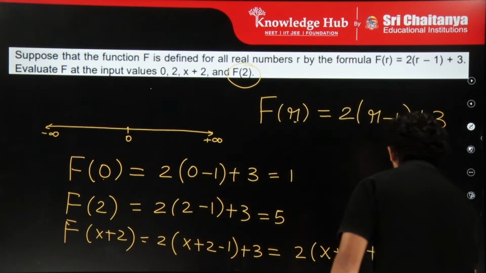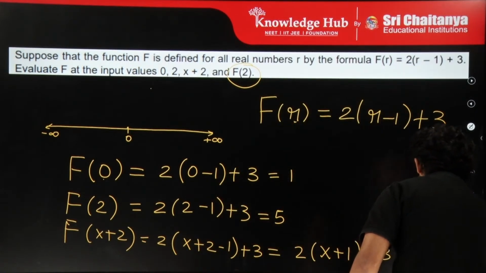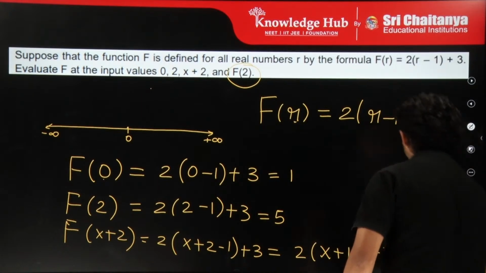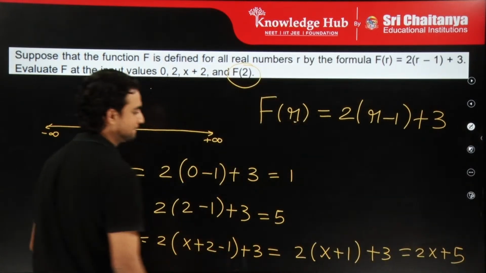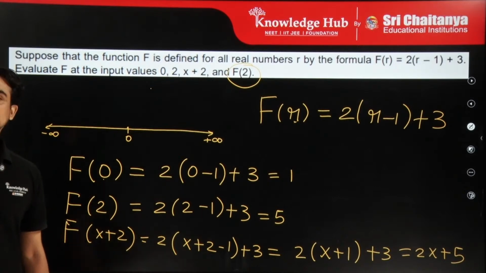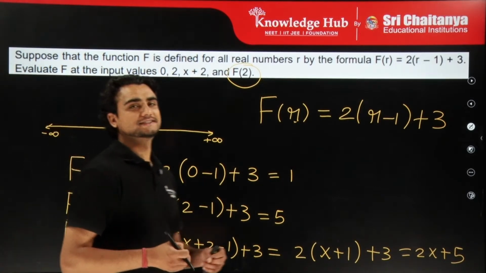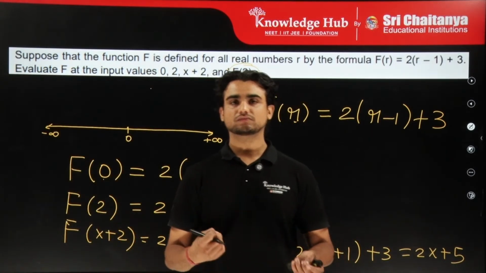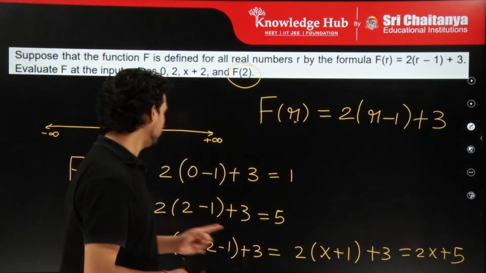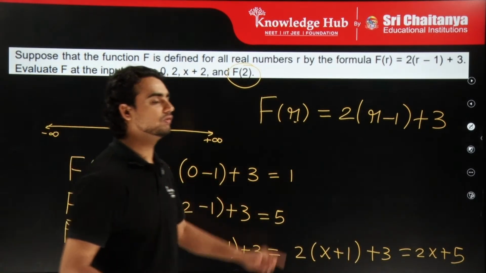So this will give me 2x plus 5. Now it is the same exercise as the last question. For different values of input, I am getting different values of output.